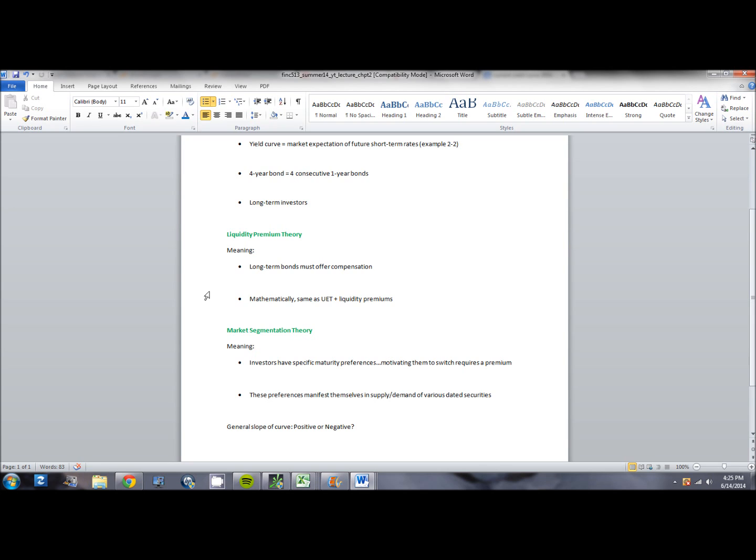So, as the supply and the demand shifts or changes from short-term bonds to long-term bonds, that's going to alter the structure of the yield curve. So here's a great example of that. Suppose that the supply of short-term bonds was going down. Okay? If the supply of short-term bonds is going down, you guys know from economics that the price of short-term bonds is going to increase.